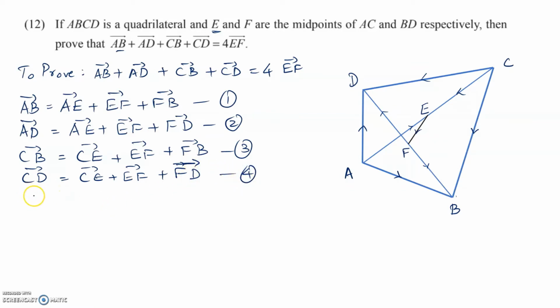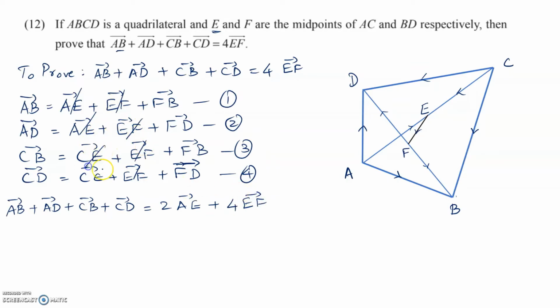So if we add all the 4 of them together, we will get AB vector plus AD vector plus CB vector plus CD vector is equal to, you have 2 AEs, so 2 AE vector, then you have 4 EF, so plus 4 EF vector, then you have 2 CEs, plus 2 CE vector, plus you have 2 FBs, plus 2 FB vector, plus 2 FD vectors.